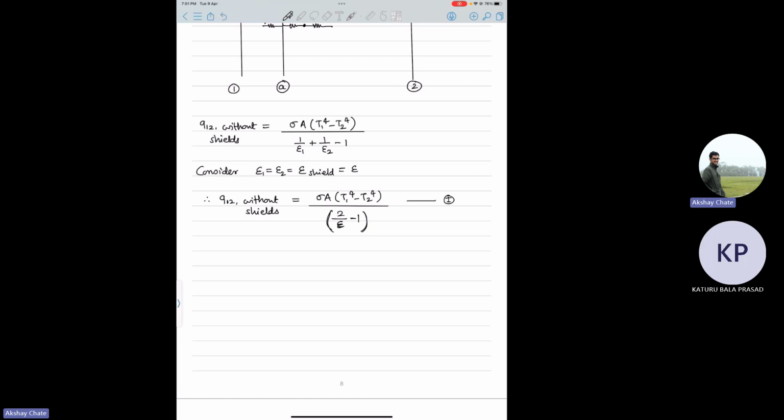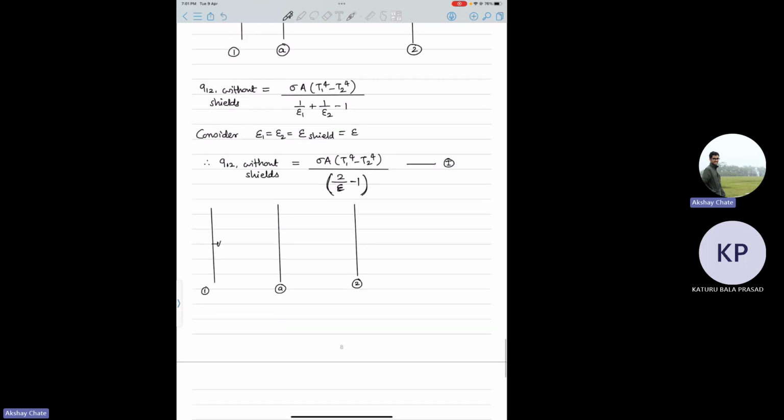And let's say you add one sheet or one shield. In that case, what happens if you add one shield? This will be your shield. So let's say A. Then the resistance network looks like this. So instead of 3 resistances, now you have 6 resistances.